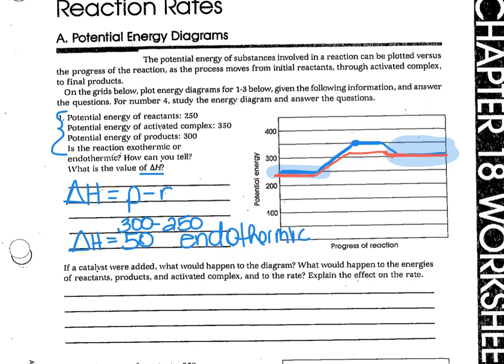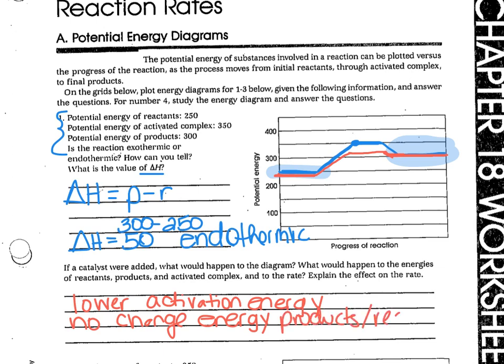And so we can see we've lowered the activation energy. We do not have any change to the energy of the products or the reactants. I drew that in red on the graph so you can see.